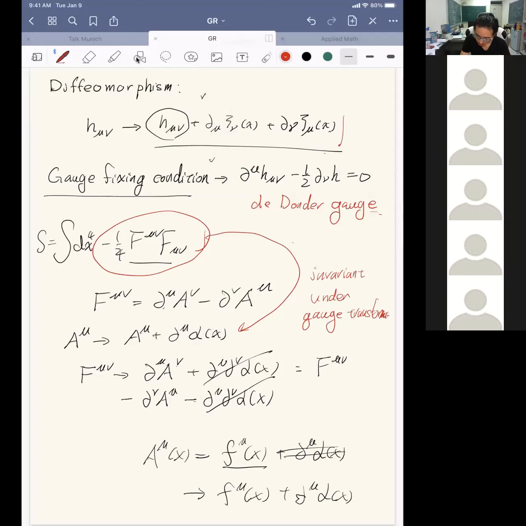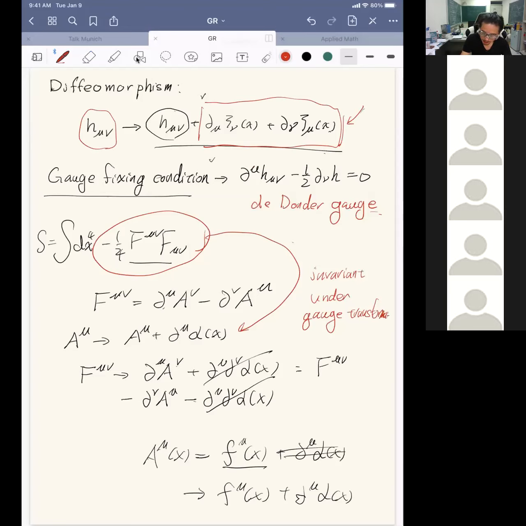So it's basically the statement that if you do this transformation on the linearized part of your action, the action doesn't change. Which means that if you have a metric solution, and then you add these kinds of derivative terms to your solution, you're actually describing exactly the same physics.